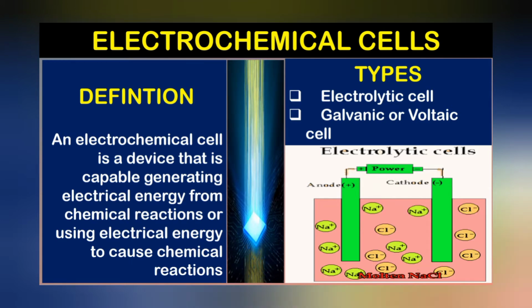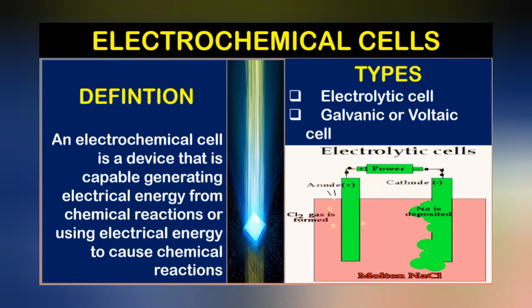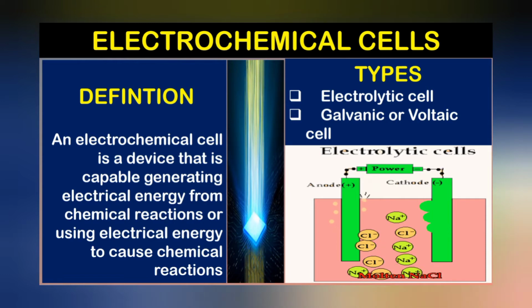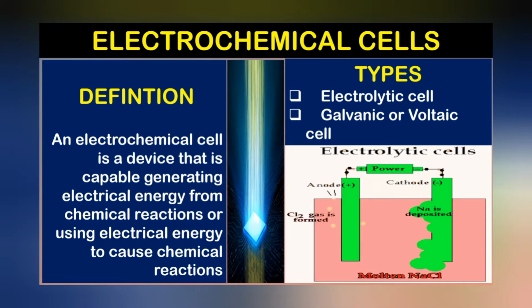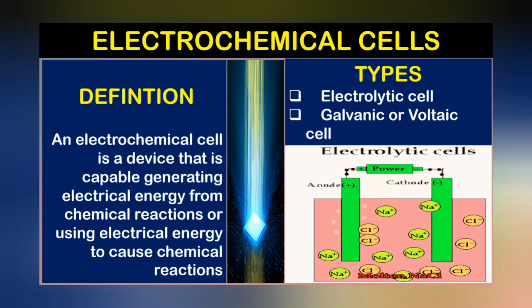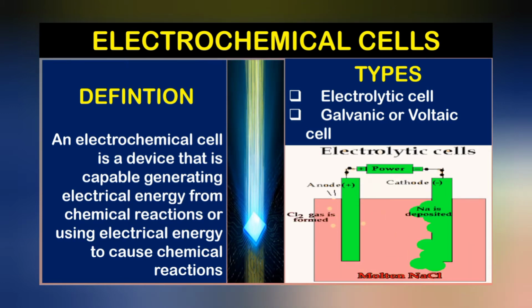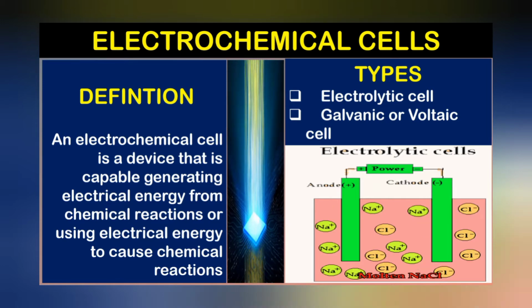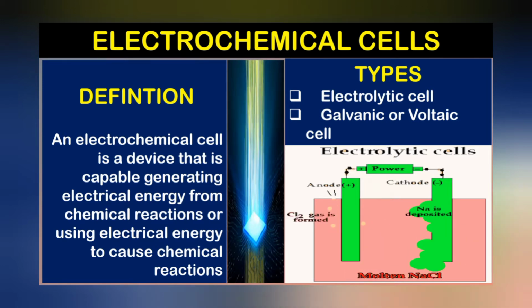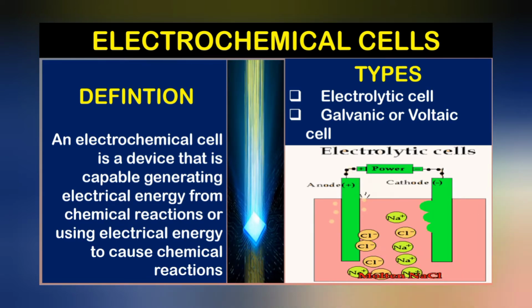The electrolytic cell was dealt with in SS2 class, and the image I have here is on the electrolytic cell. If you look at the image, you find out that a power is needed, which is a battery that generates electrical energy as a result of the chemical reactions that took place in the battery. Now, this electrical energy is used to decompose the molten sodium chloride to produce sodium atom and chlorine gas.